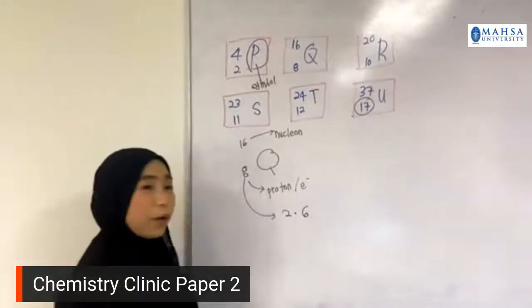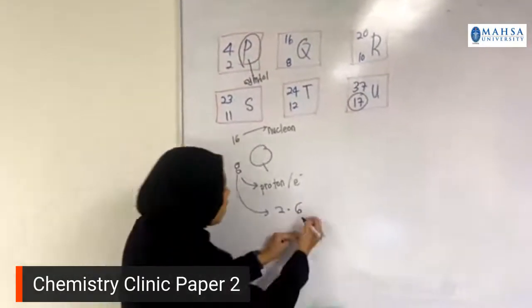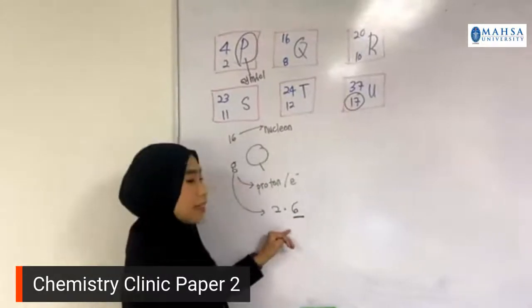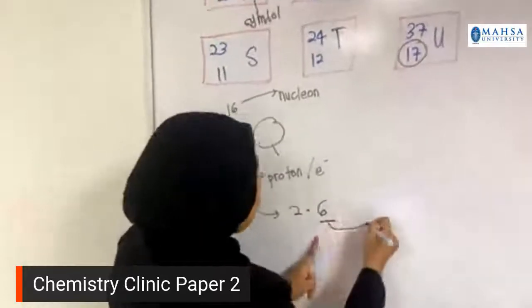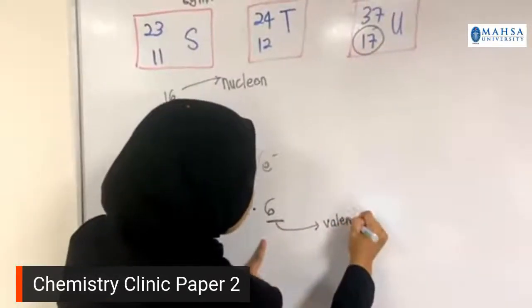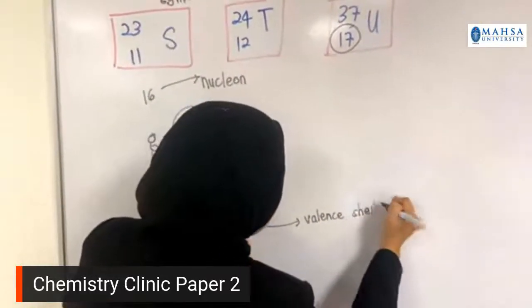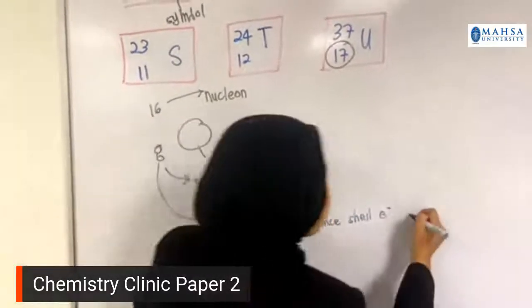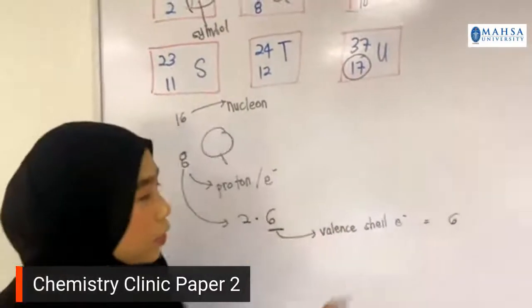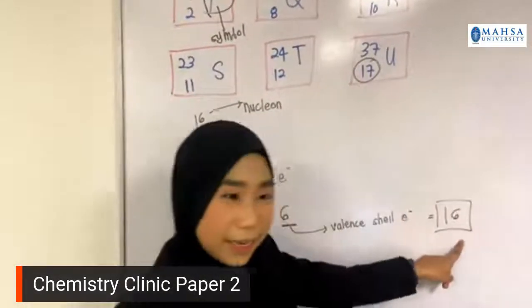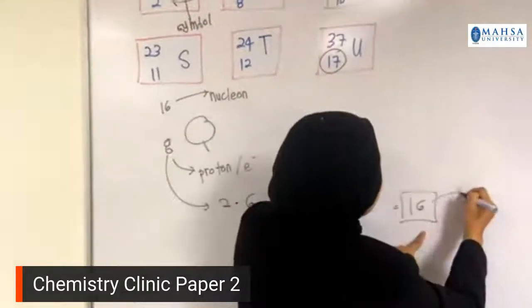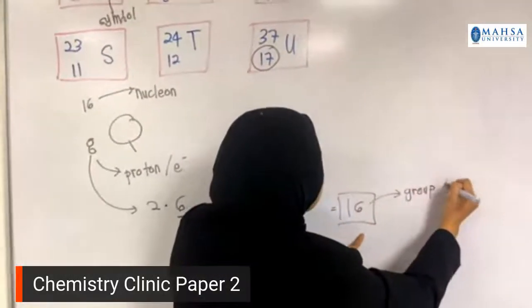So from here, how can you know the location? If you take a look here, what is the valence shell electron? The valence shell electron is equal to 6. So 6 we'll make it group 16.